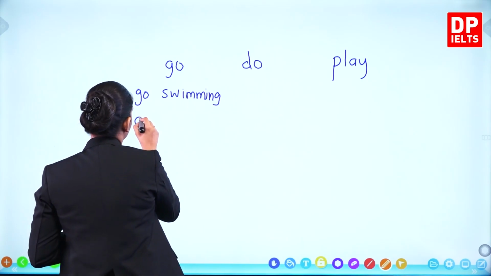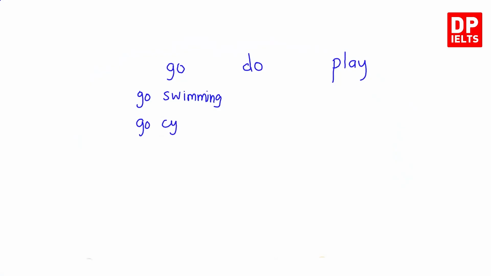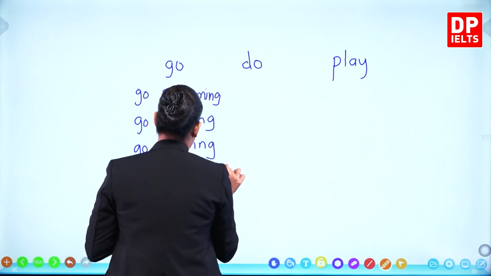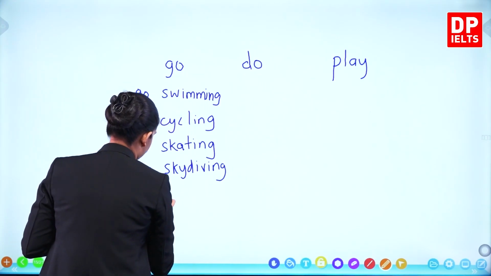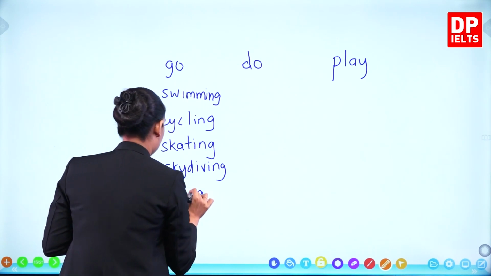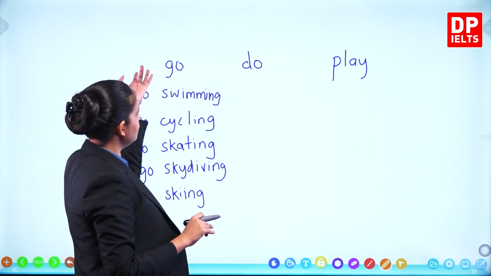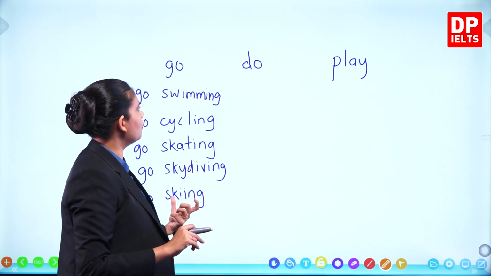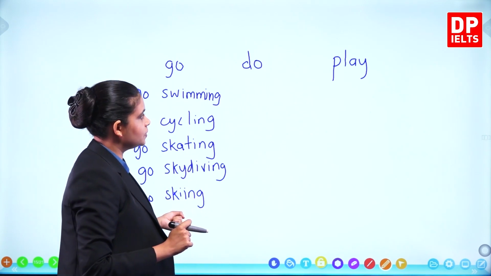You say go cycling. Go skating. Go skydiving. Go skiing. So, go is usually used with the ing form of the verb or the sport.